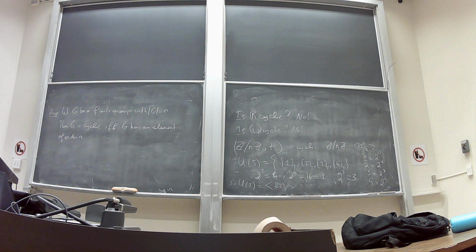This is kind of obvious, right? If you can write the entire set G as the powers of some element, then this element has to have order n. Is that clear?